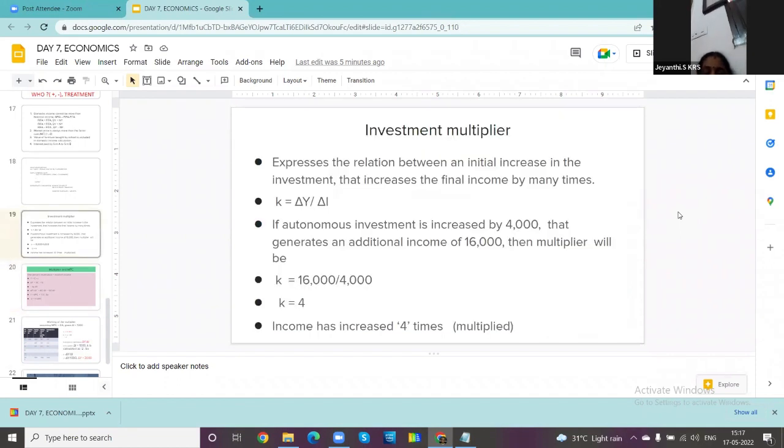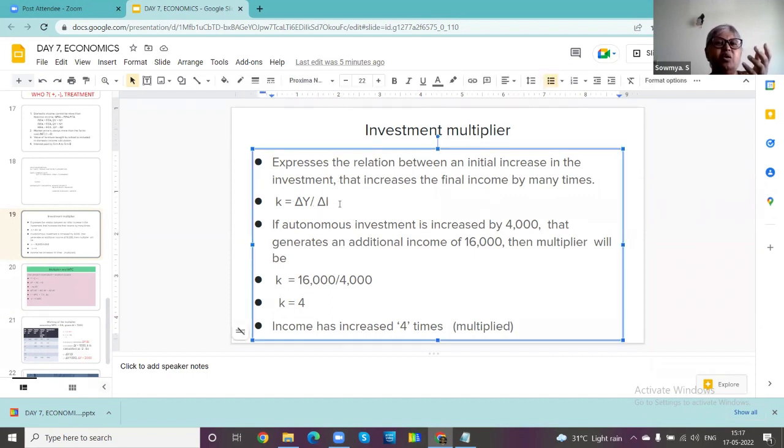Right. Take the investment multiplier: it is the change in the national income that arises due to a change in investment. We always have to tell them it is an autonomous investment that the government undertakes. When the government undertakes a one-time investment, say for public expenditure like building a bridge, it generates employment opportunities and more income.